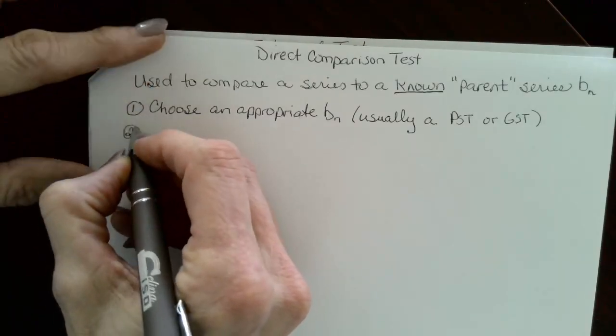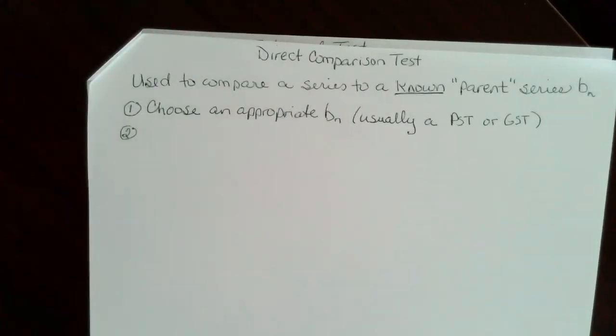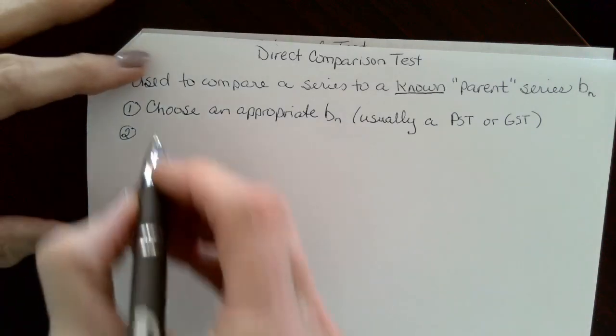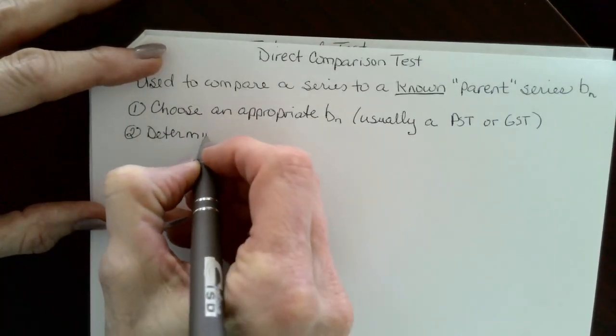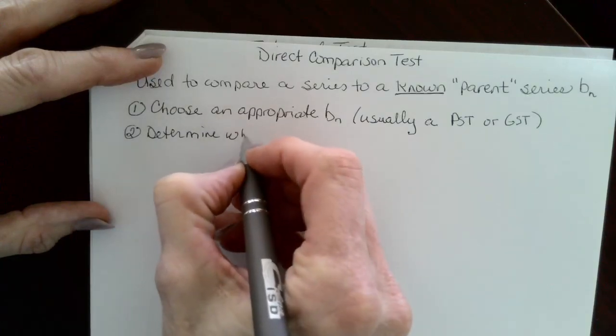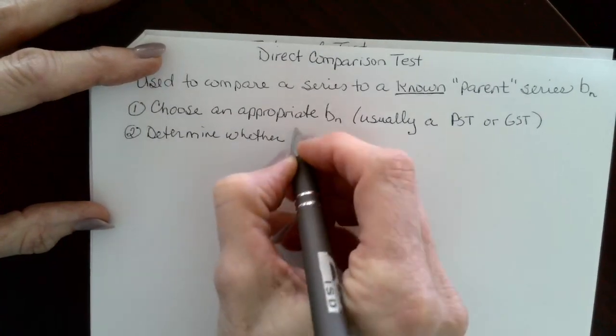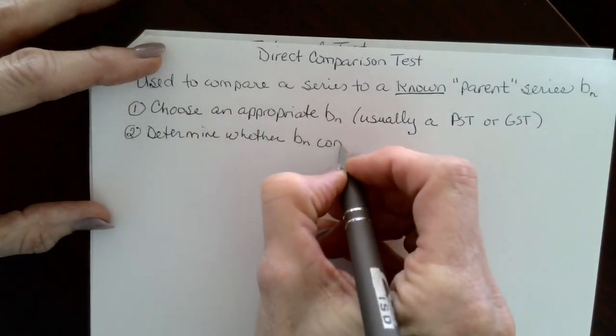So after we choose our B sub n, and it's going to be a B sub n that you're going to be able to just look at and know, yep, that converges, yep, that diverges immediately, okay? So you're going to determine if B sub n converges or diverges. That's your next step. Determine whether B sub n converges or diverges.